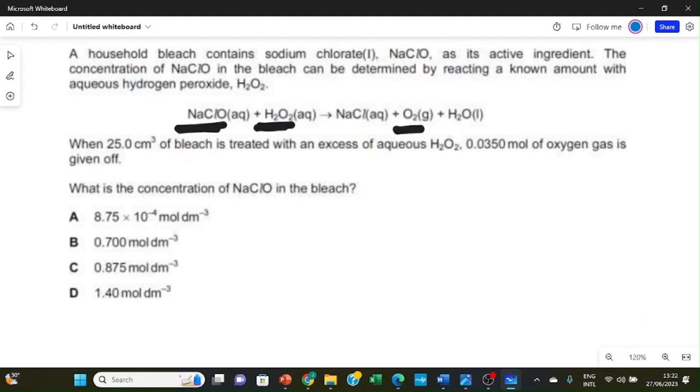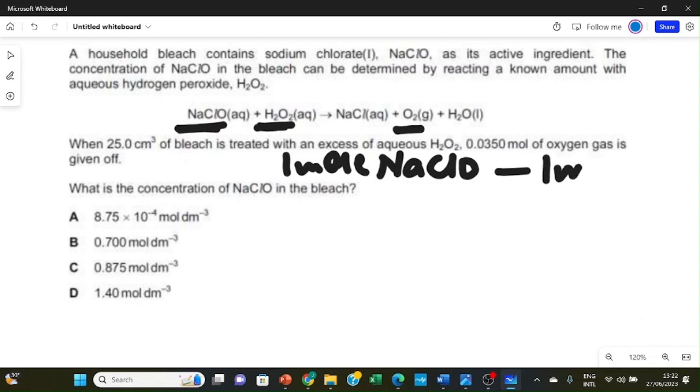So when 1 mole of sodium chlorate(I) reacts with hydrogen peroxide, 1 mole of oxygen was released from the equation. That means when 1 mole of oxygen is released, 1 mole of sodium chlorate(I) has reacted.